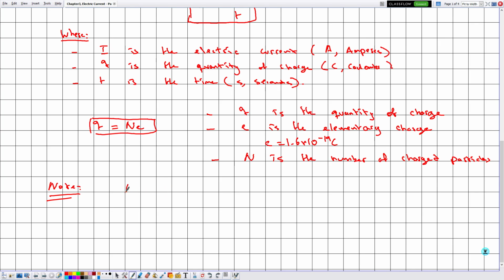In an electric circuit, the motion of the electrons is the reason behind the electric current.